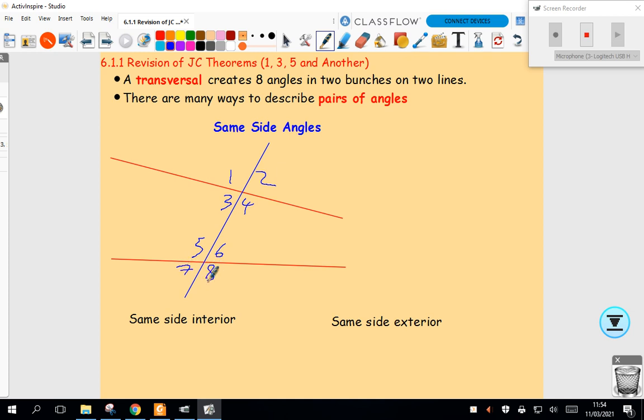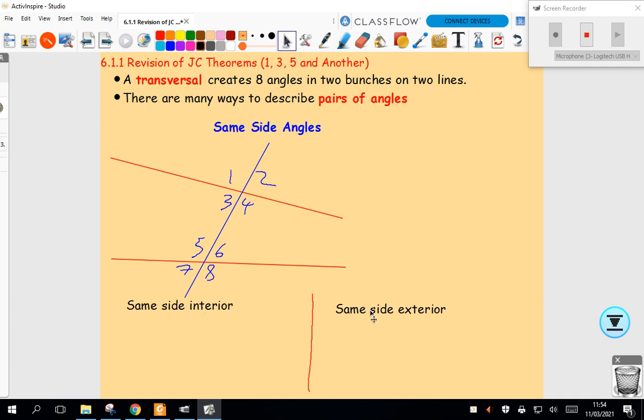Same side angles can be broken up into two groups: the same side interior angles and the same side exterior angles. These are sometimes called co-interior and co-exterior. Same side interior angles are in the interior and on the same side of the transversal, and one has to be from each group.